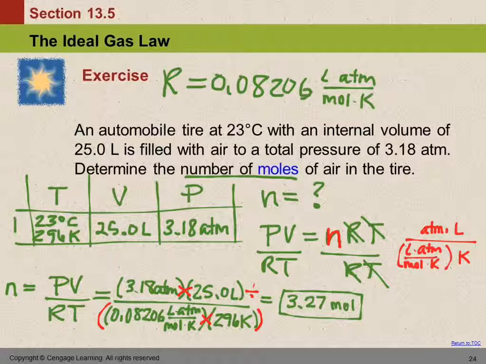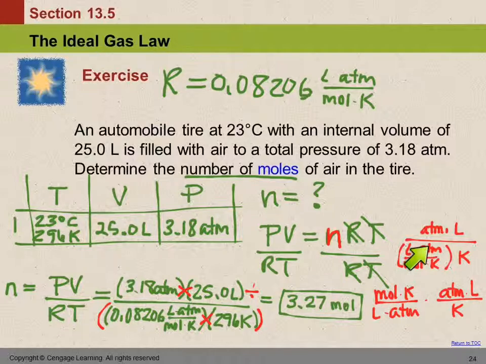So when you have a fraction in a fraction, to get rid of this guy, what you're going to do is flip him upside down. And so this is the same as mole Kelvin per liter atmospheres times the rest of it, atmosphere liters per Kelvin.